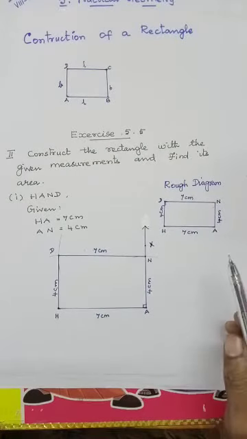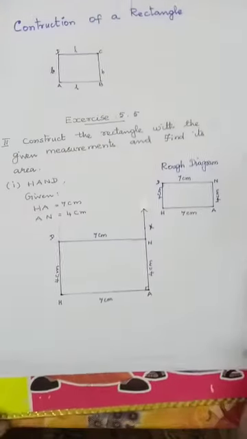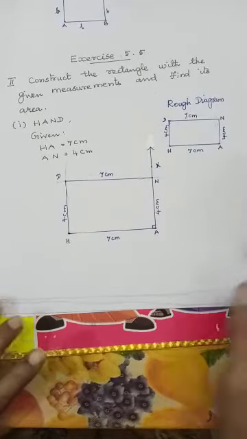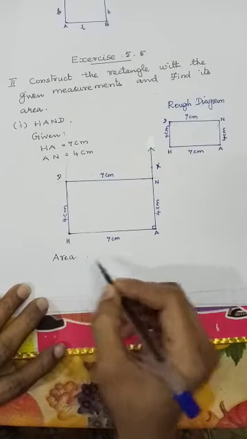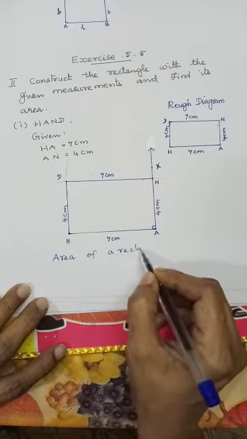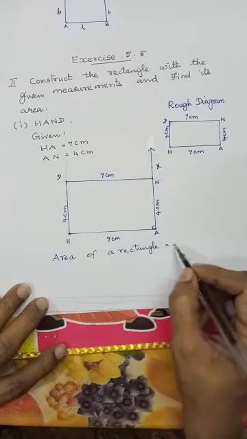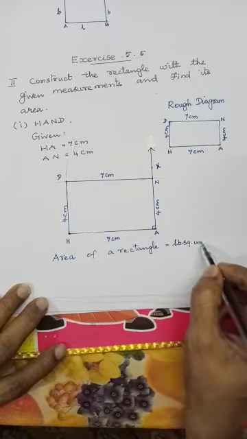Here you have to find its area also. What is the area of a rectangle? Yes, area of a rectangle is equal to L into B square units.